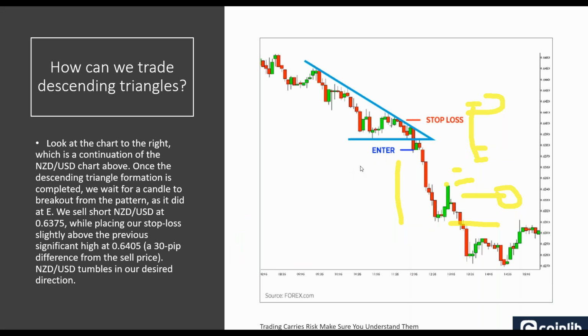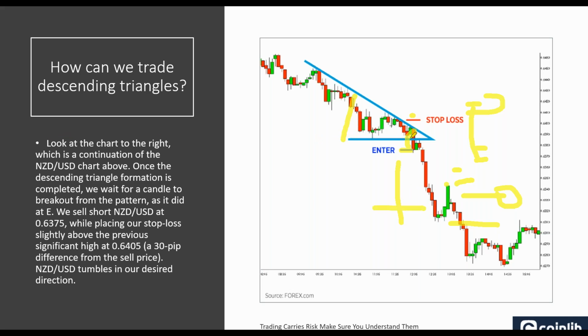Before I take you over to live charts to show you this when it occurs on a live chart, we've set our entry point. We have our breakout. We've set our stop loss. We have our profit target.